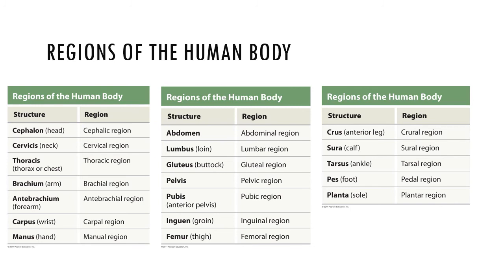Your thigh, from your hip down to your knee, is the femoral region. From your knee down to your ankle, at least on the anterior aspect, is known as your crural region. On the back, it's known as your sural region. So crural is on the front, sural is on the back. Your ankle is known as the tarsal region. Your foot is known as your pedal region, and the sole of your foot is known as the plantar region.